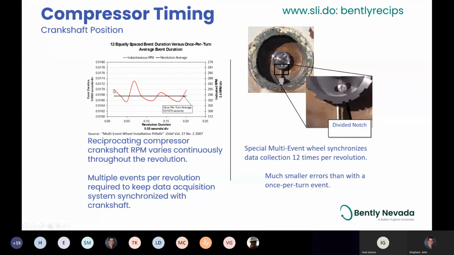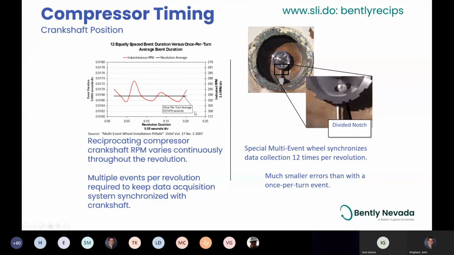So, as the crank is in different positions, it's doing more or less work on the gas. So it slows down, well, in this case, it speeds up and slows down and speeds up, etc. Or no, I have that wrong. Slows down. At any rate, it changes speed throughout this path.